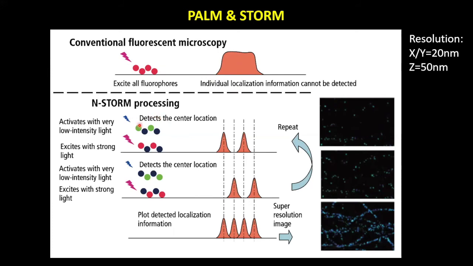So PALM and STORM use a very clever idea: only randomly turn on fluorophores on a sample, and by Gaussian fitting, you know the coordinates. With time, by collecting 1,000 images, finally you get this graph here. This actually is not an image; it's a graph, and the resolution is the highest among all the super-resolution technologies. XY is about 20 nanometers, and Z is about 50 nanometers.